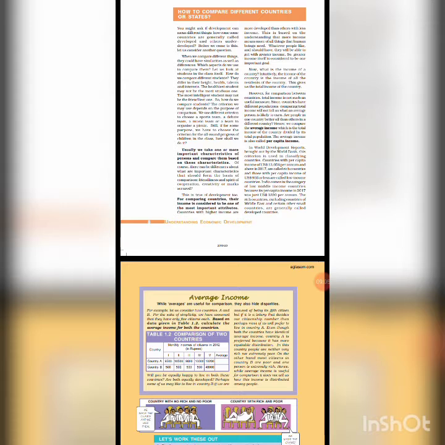In the World Development Report brought out by the World Bank, countries with a per capita income of USD 12,736 per annum and above in 2013 are called rich countries, and those with a per capita income of USD 1,517 or less are called low income countries.